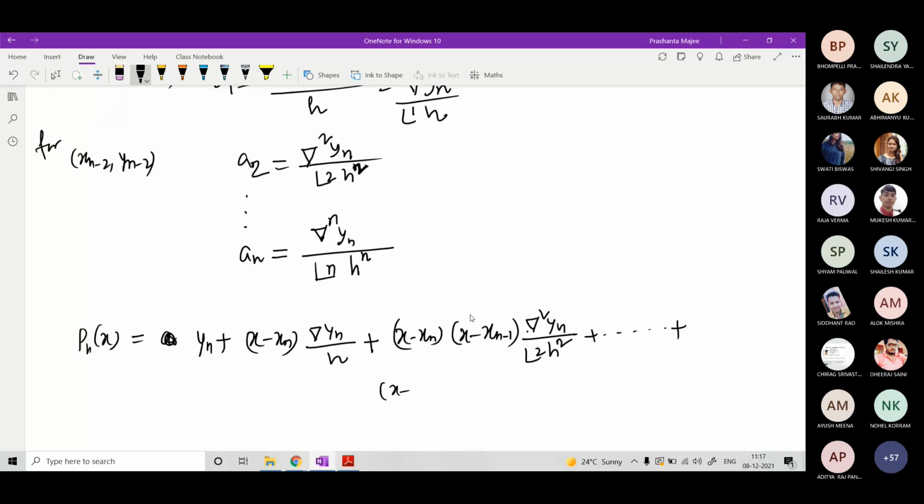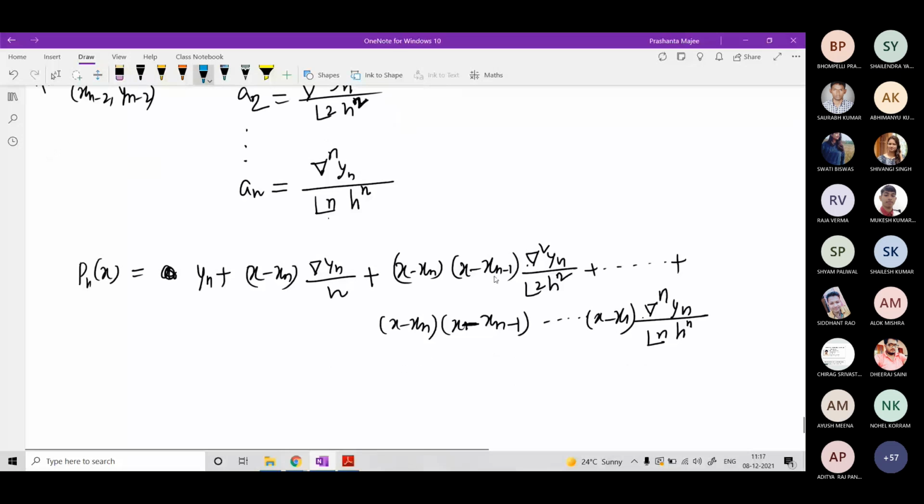The last term is x minus xn, x minus xn minus 1, up to x minus x1, into nabla power n yn factorial n h power n. So this is the polynomial we have obtained in Newton's backward difference formula.